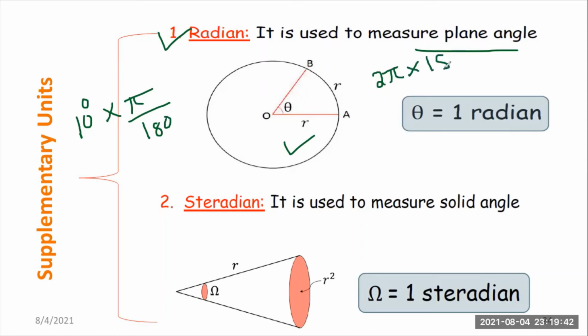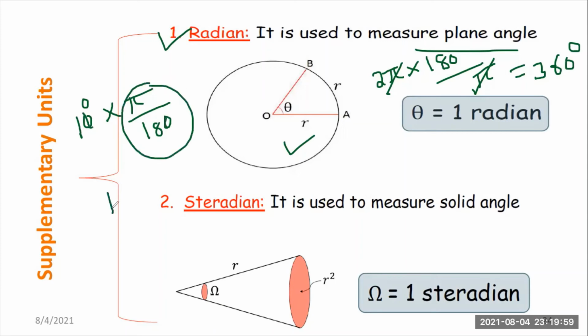You write 180 divided by pi. Pi and pi get cancelled. It becomes 360 degree. 2 pi means 360 degree. Likewise, 10 degree means 10 into pi by 180, so it will be pi by 18. 10 degree is equal to pi by 18. Radian you can represent by c. Pi by 18 c.